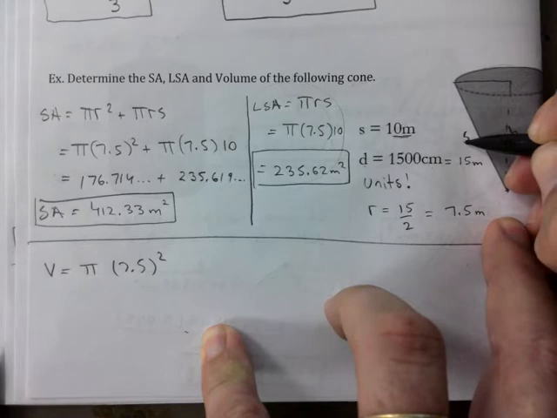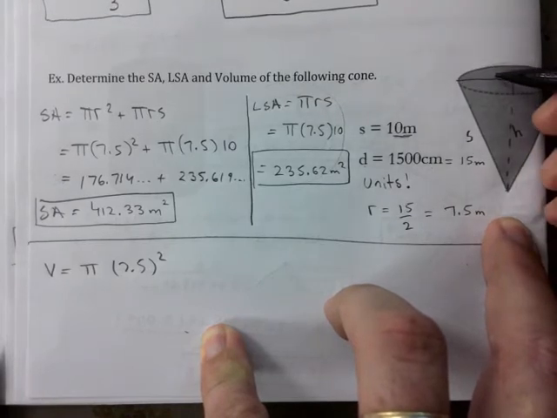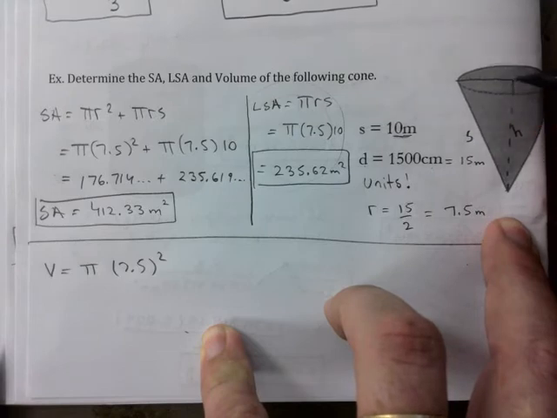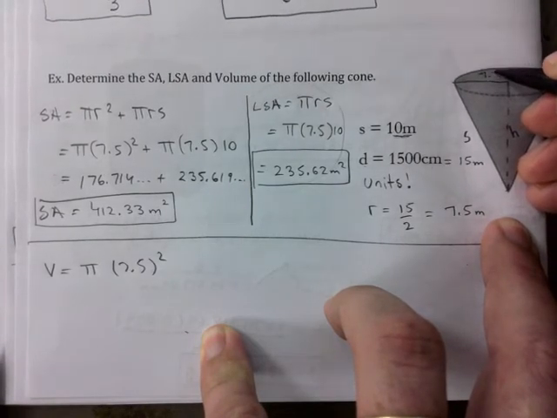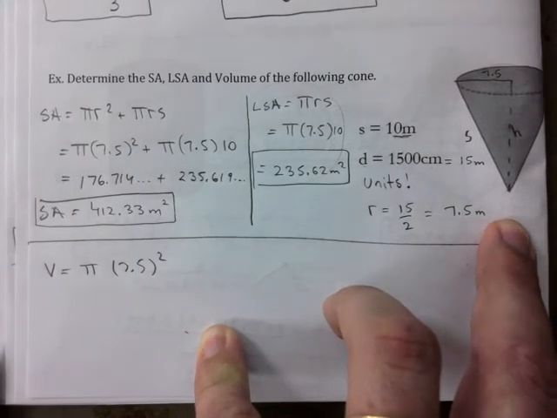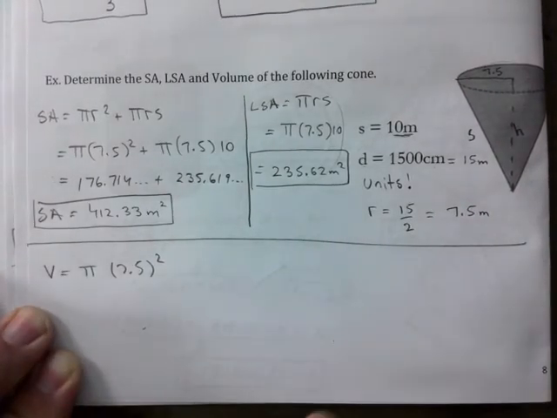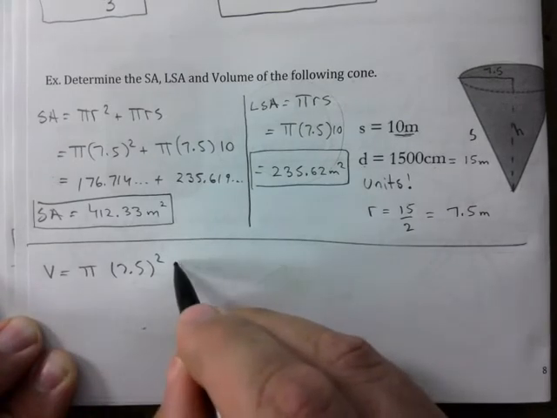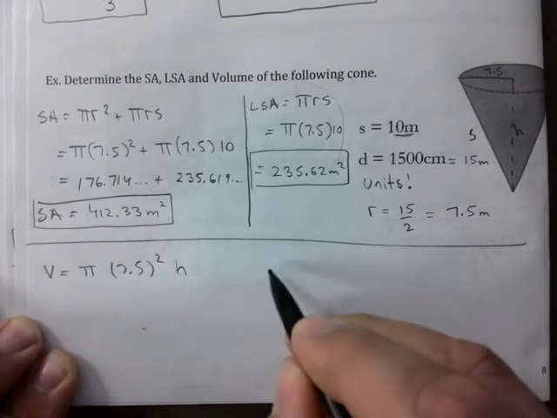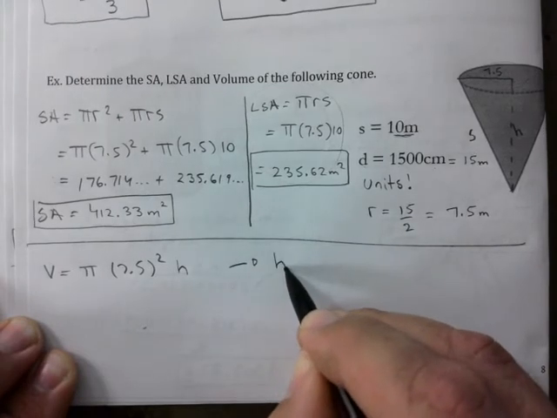This is your slant. And in this case, this would be the radius, so this is 7.5. I'm going to, on the side here, find the height.